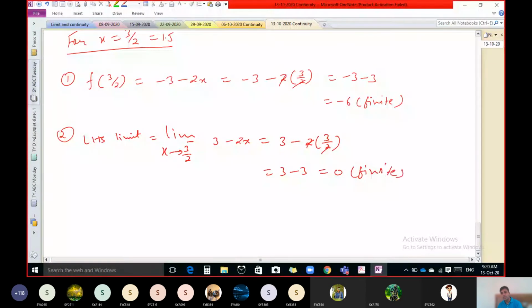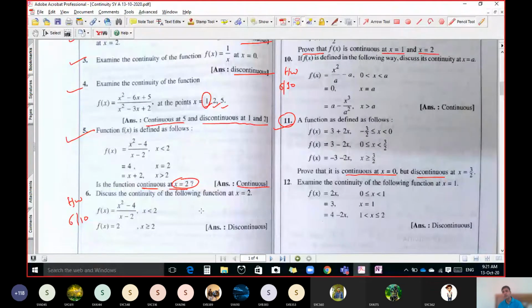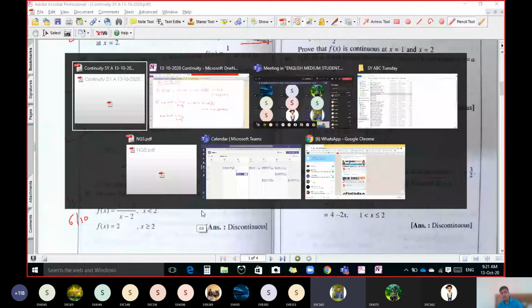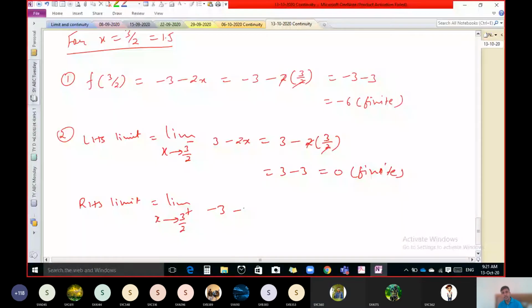Now see, from this we get the idea that this function is discontinuous. Still we have to find the right hand side limit because we have to check the second condition. We already know that the third condition is not going to be satisfied, but still you have to verify the second condition. 3 by 2 plus means more than 3 by 2. Which function? Third one, minus 3 minus 2x.